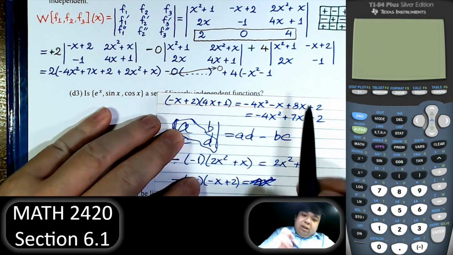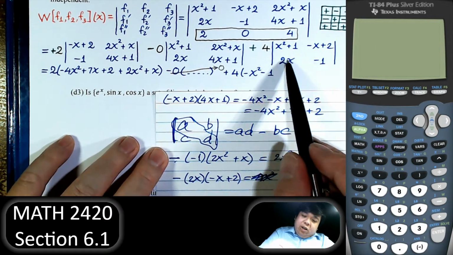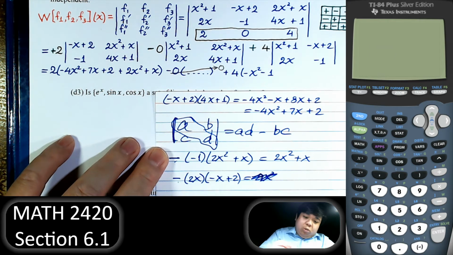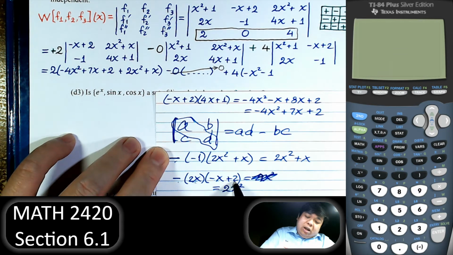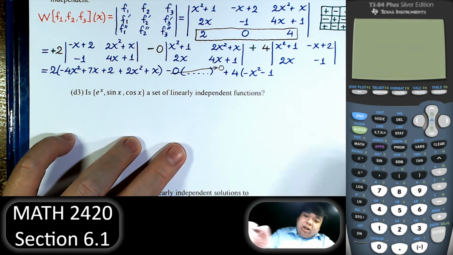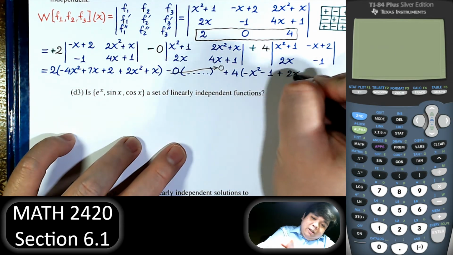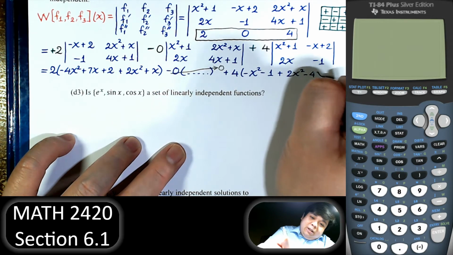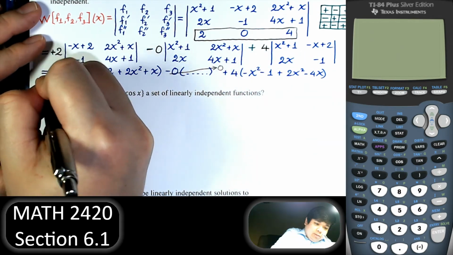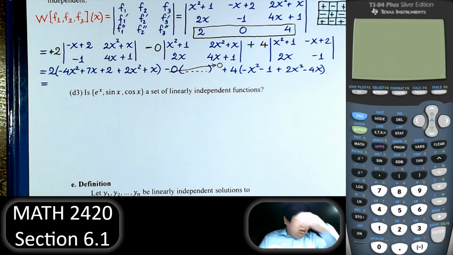Okay. So we have 2x times that, but with the negative. So 2x times that is 2x squared, minus 2x times 2 is minus 4x. Multiply that with the negative. Minus 4x.